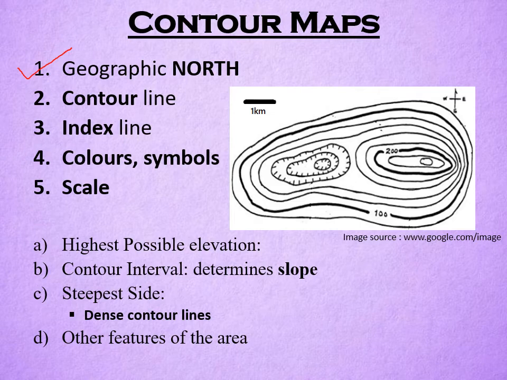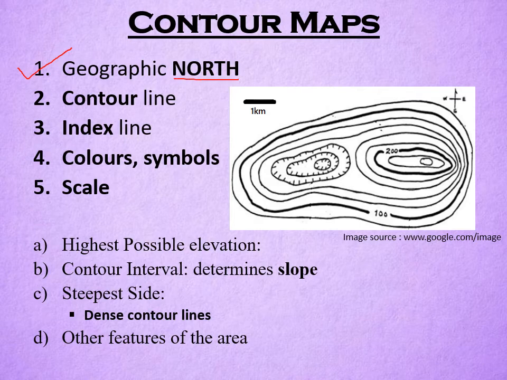And as you know, latitude and longitude are represented with the help of geographic north. So in case of contour lines, as these contour lines represent the elevations or depths of several points, in contour maps, geographic north must be noted first.